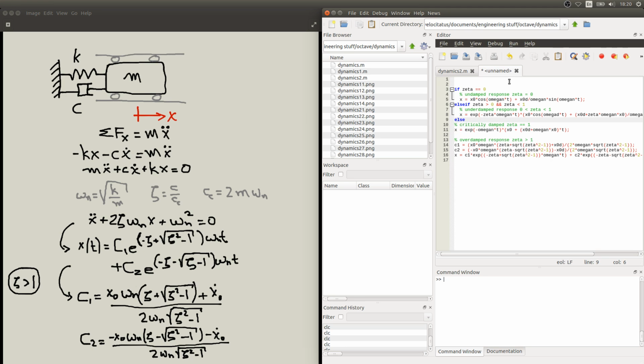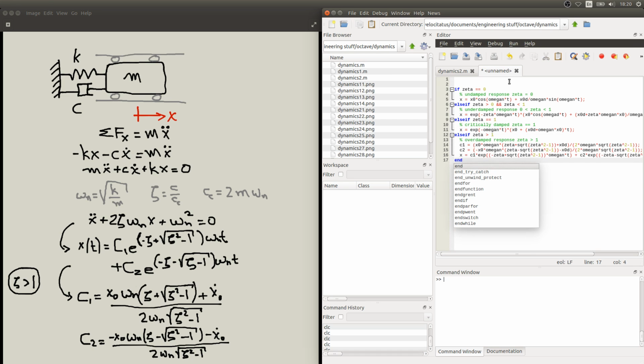And we can go on building our nested ifs and else ifs for the other cases as well. And finally, if zeta is greater than 1, we'll have the overdamped case. So this is our if structure to check which of the expressions we're going to use, depending obviously on the value of zeta.